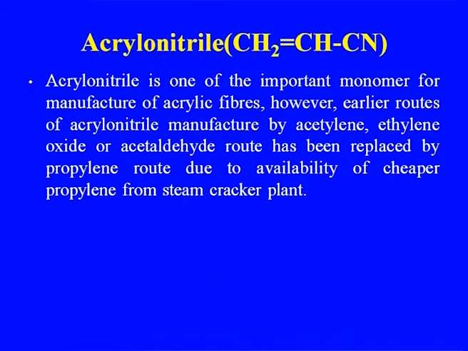The earlier routes of acrylonitrile manufacture were the acetylene route, the ethylene oxide route, or the acetaldehyde route, because from ethylene you can get ethylene oxide and acetaldehyde, and for ethylene the molasses route was there, and we are still manufacturing a lot of ethylene through the molasses route.